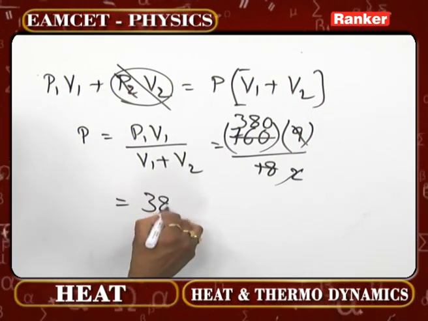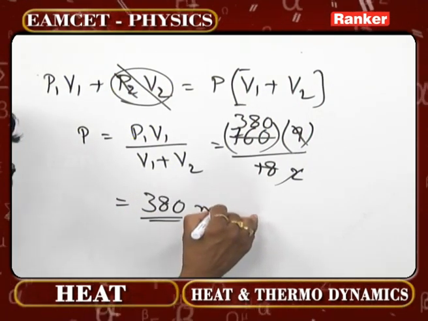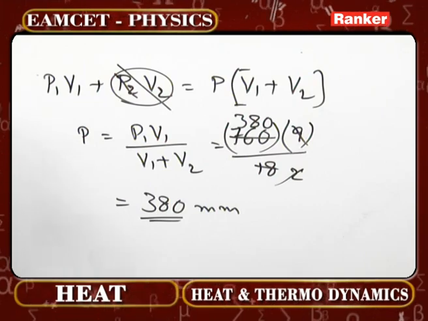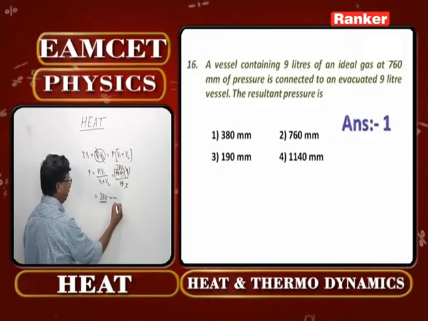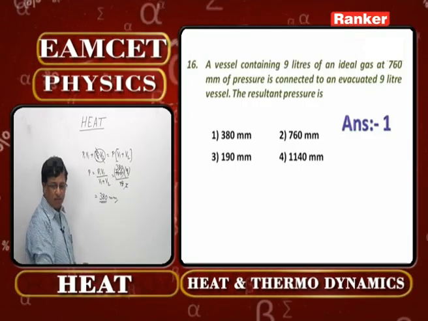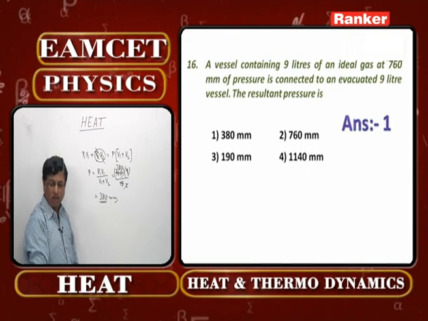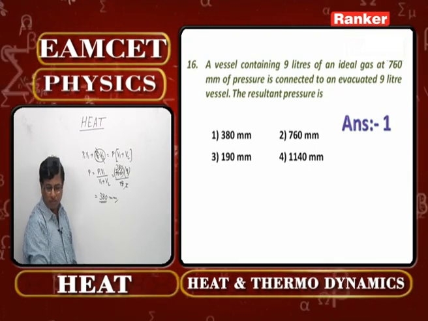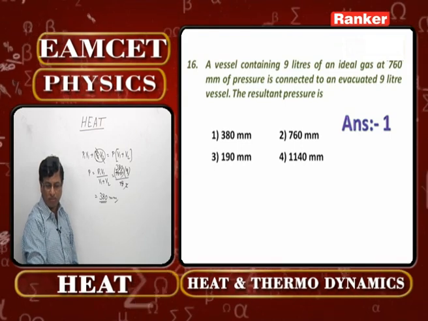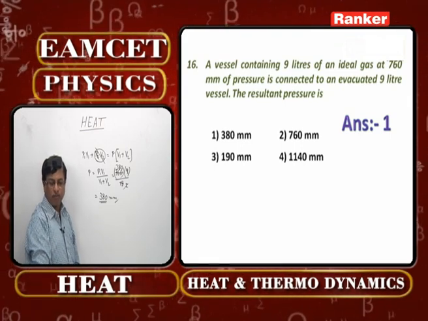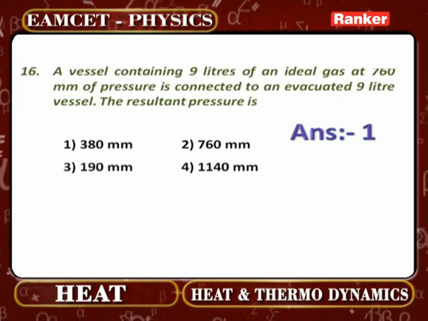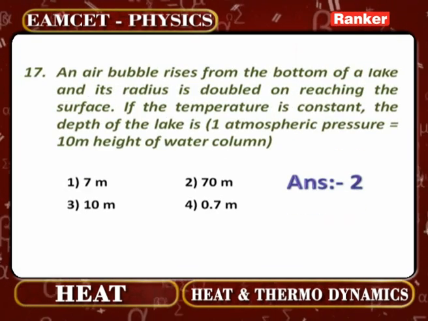So what will be the corresponding pressure? 380 millimeter of mercury is going to be the effective pressure of the gas when the evacuated chamber is connected to the main vessel. So the option for question number 16 is going to be the first one. Look at the next problem, problem number 17, please.